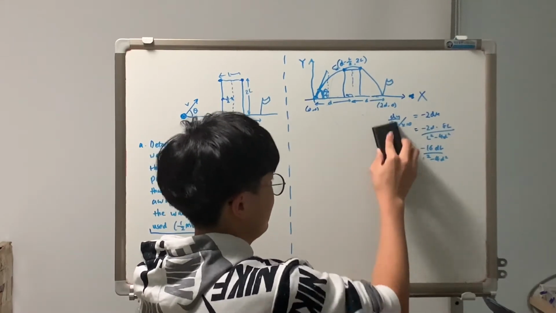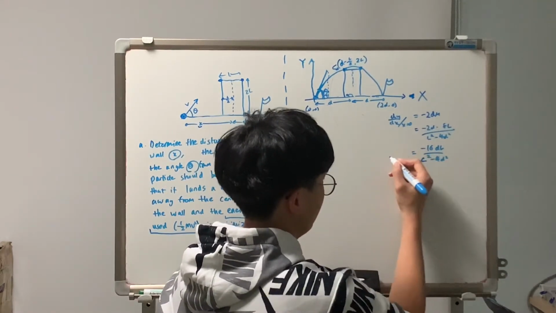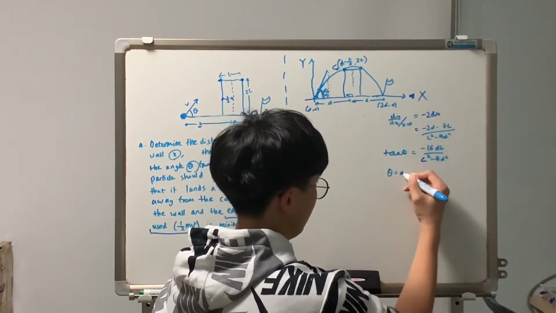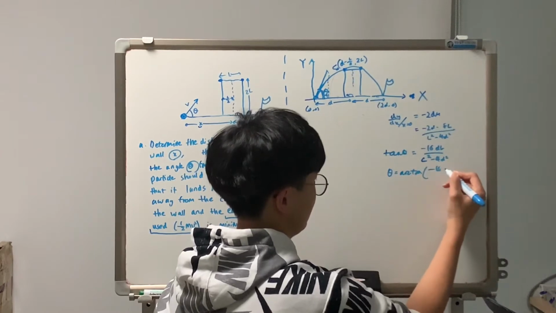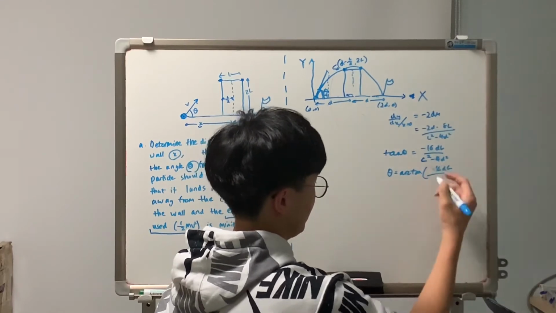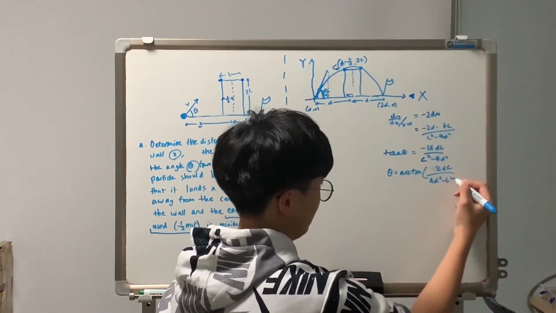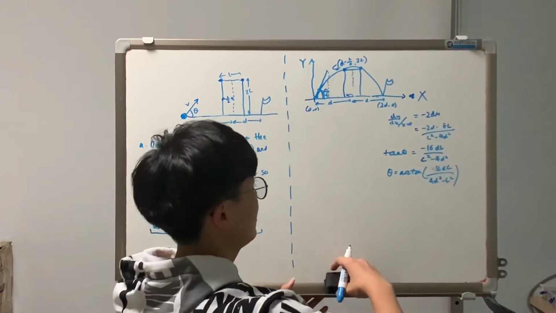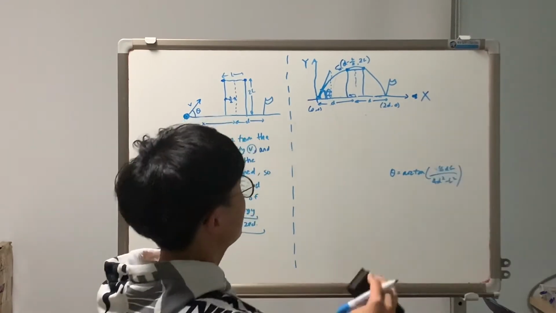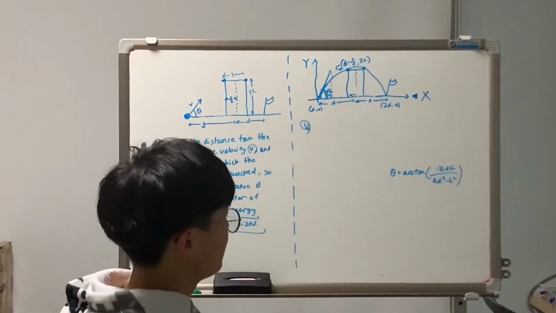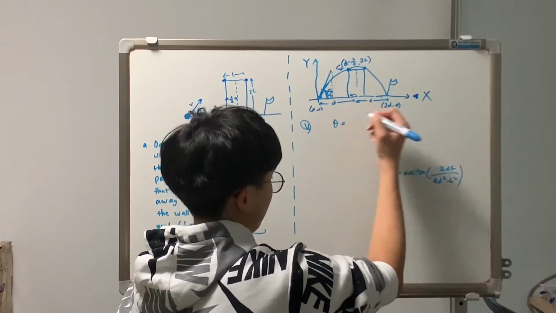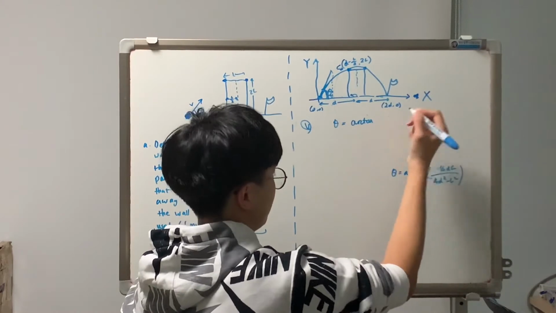Tangent theta was that, so theta is arctangent minus 16 dL over. Oh, and we changed the direction, right? Okay, so we got theta like that, and let's erase all that. And now let's figure out what v here is going to be.